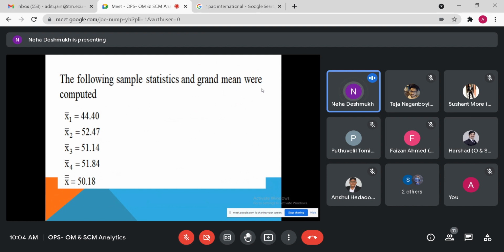So when we calculate with the data set, we get x1, x2, x3, x4, and x double bar. Now calculate the average of all these four. Check whether it is 50.18 or not.